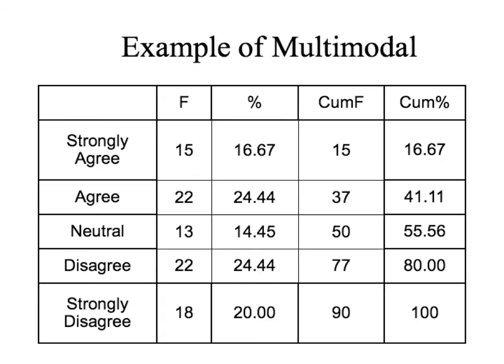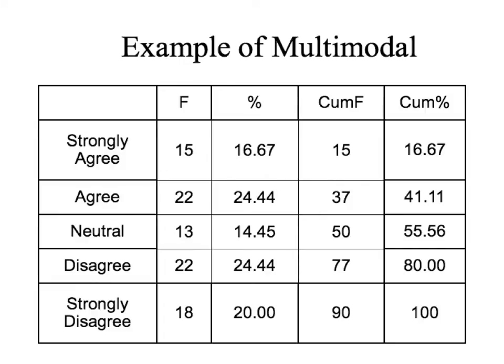Sometimes you'll have a frequency distribution that is what we call multimodal, where more than one category has the highest frequency. In this example, if we scroll down the frequency column, you find that 2 categories, agree and disagree, both have the same frequency, and it's the highest frequency.